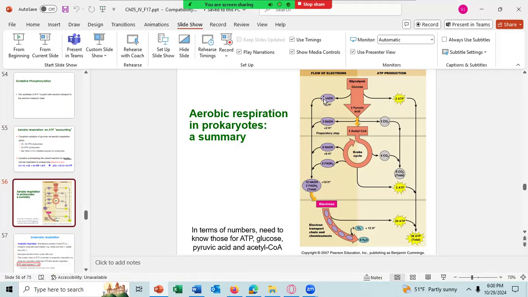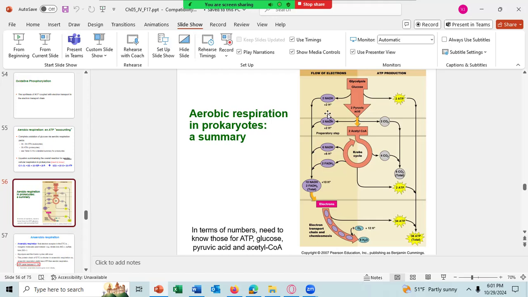The NADH from glycolysis coming from all the cells except for the heart, the kidneys, and the liver is converted to FADH2 in the mitochondria.